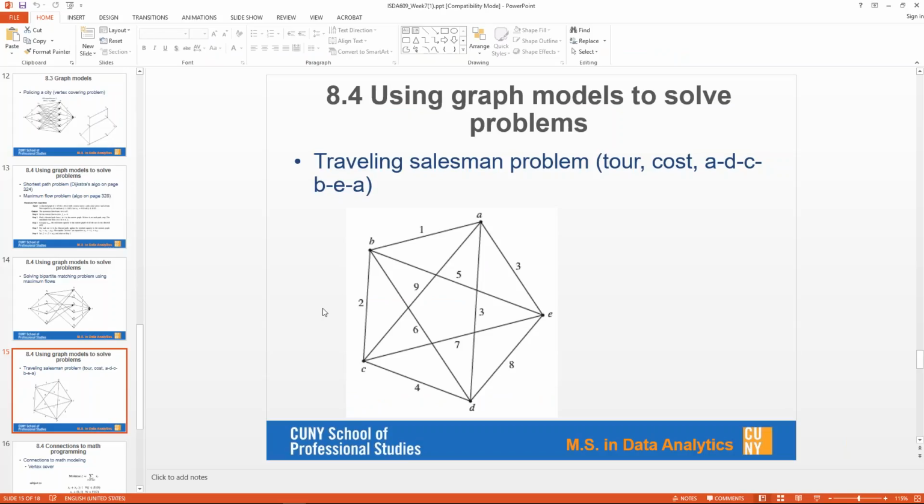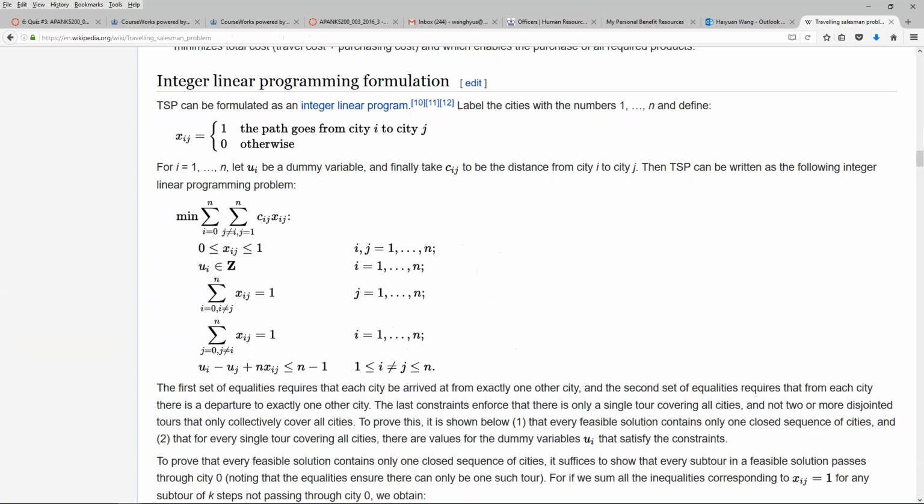So if going from C, going to B, xcb, xca, xce, xcd, sum them up should be equal to 1. That means you only go out from C once. That's the whole purpose of the traveling salesman problem. You go from A, you need to visit each other city only once and then come back to A, right? For a UPS driver.